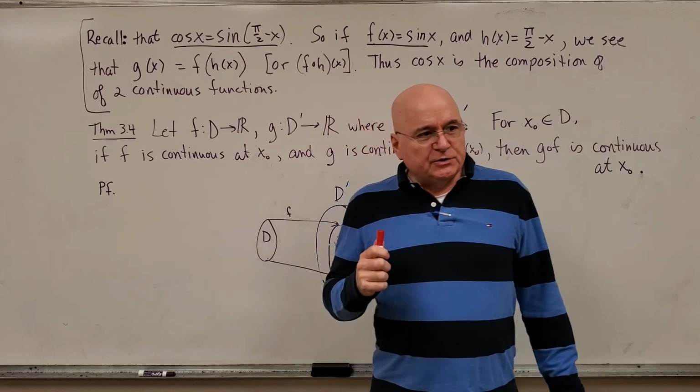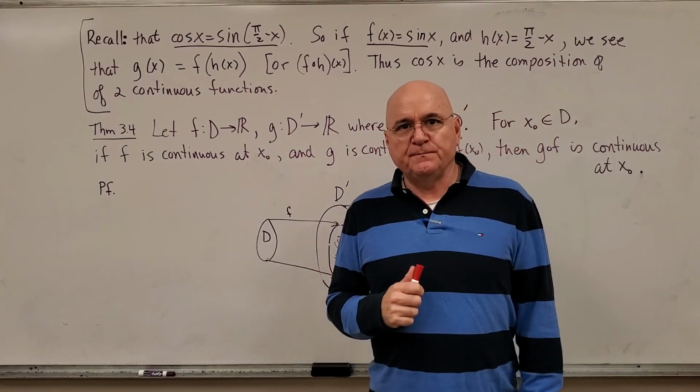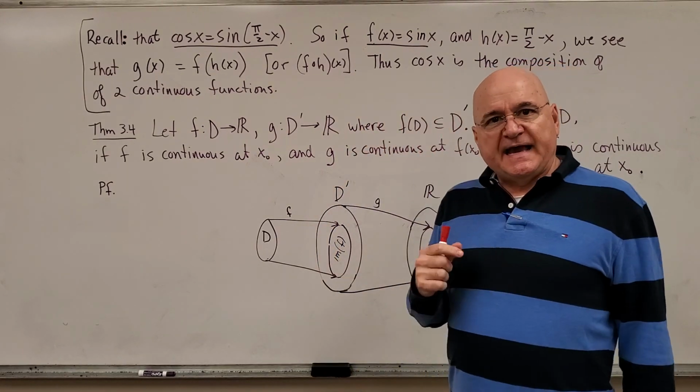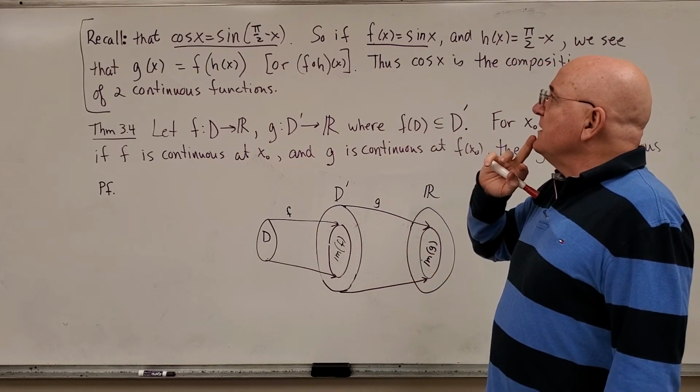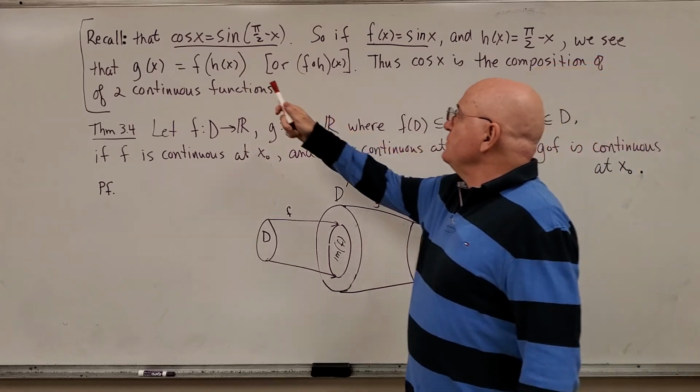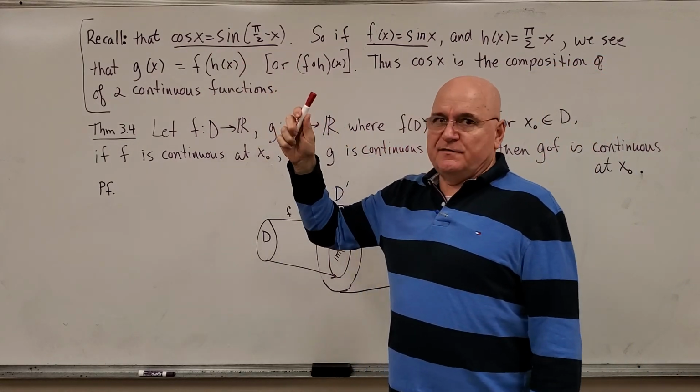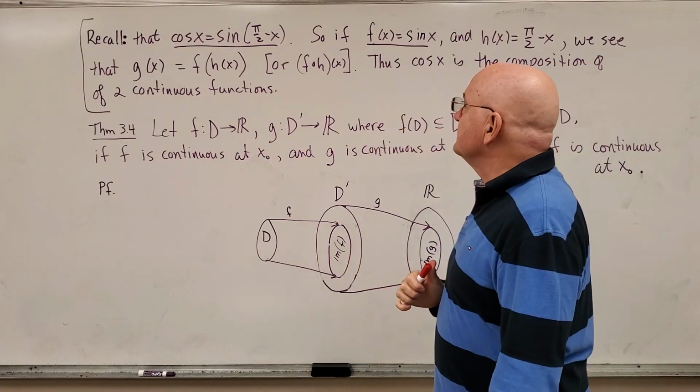And now we're going to conclude section 3.2, which is the algebra of continuous functions. Recall, we just saw in the previous video that cosine of x is equal to sine of pi over 2 minus x.